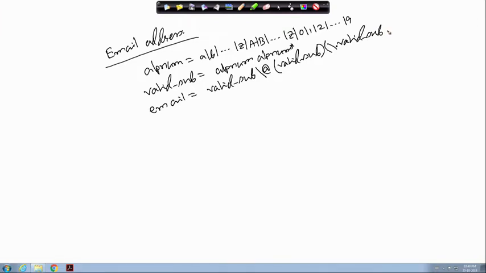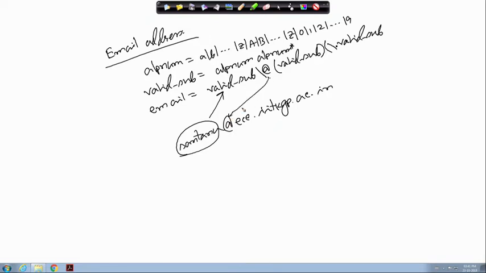Basically what I want to mean is that suppose my email ID is say Shantanu@ec.iitkgp.ac.in. So, before this @ character, this part will be matching with this valid sub. Now, this @ matches with this @ and after @ I can have any number of such sub parts. In this particular case we have got 4 sub parts. So, we can have any number of sub parts, so we can have this star.